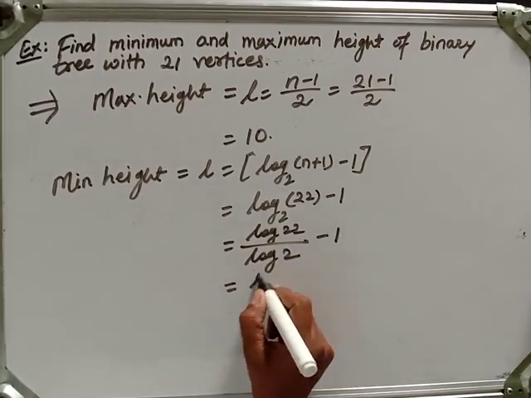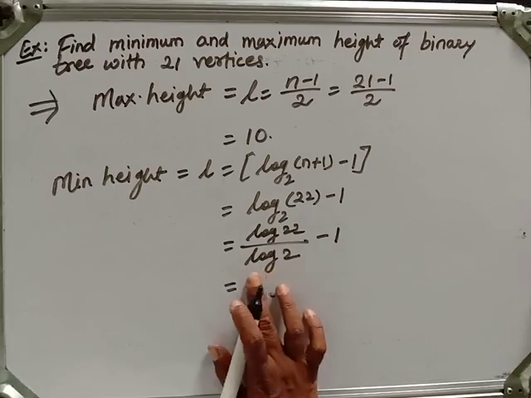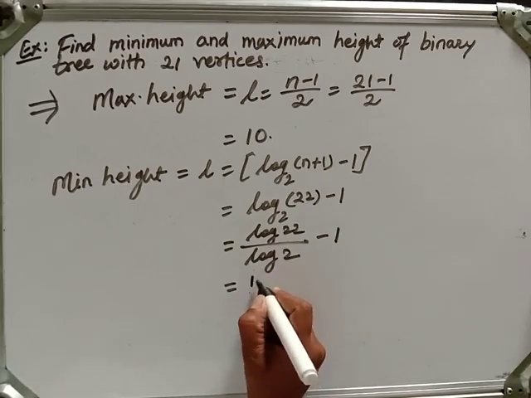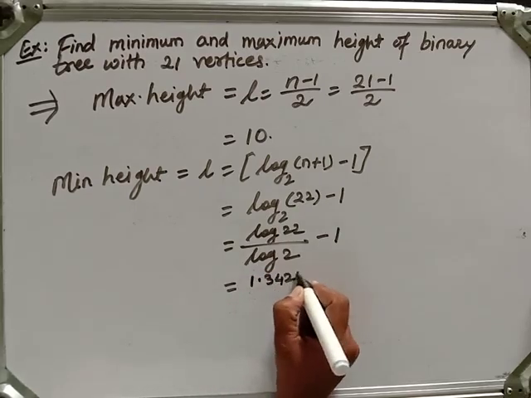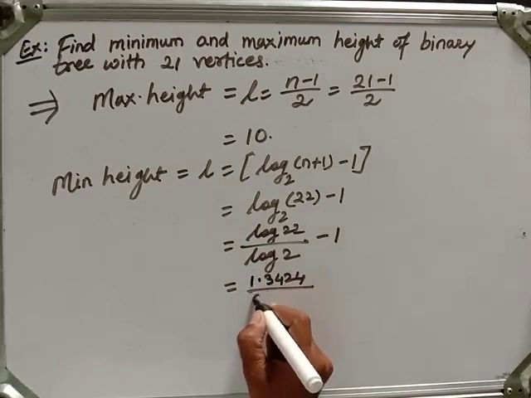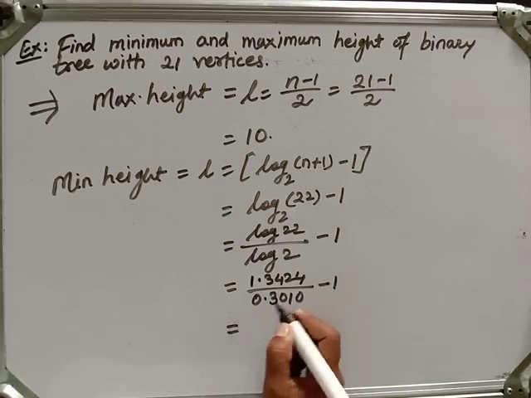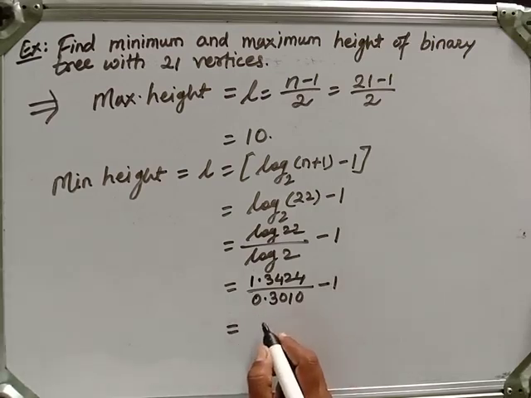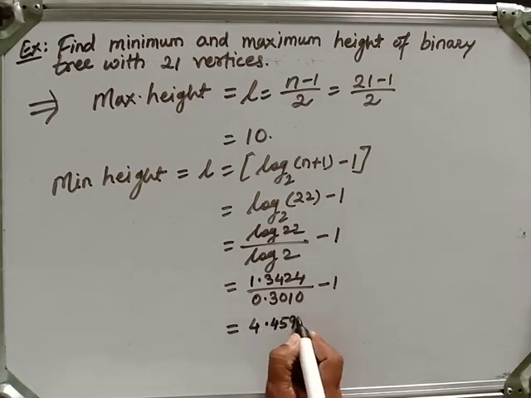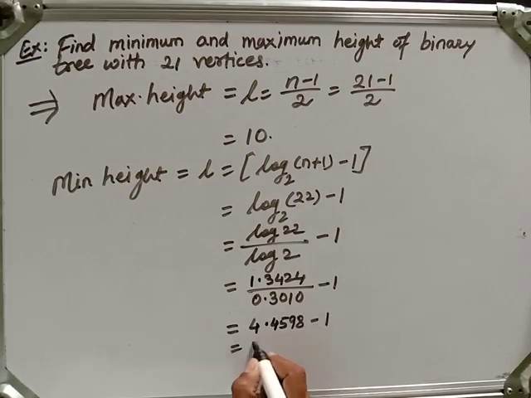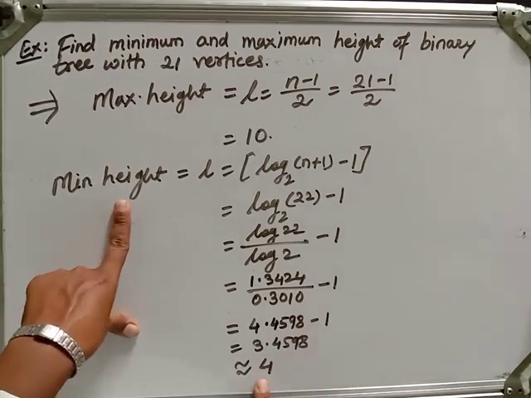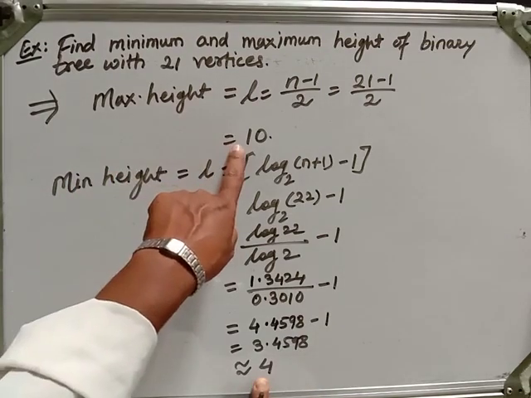That is equivalent to log of 22, which is 1.3424, upon log of 2, which is 0.3010, minus 1, and this ratio is nothing but 4.4598 minus 1. So it is 3.4598, and that is equivalent to whom? 4. So minimum height we will get is 4. Maximum height we will get as 10.